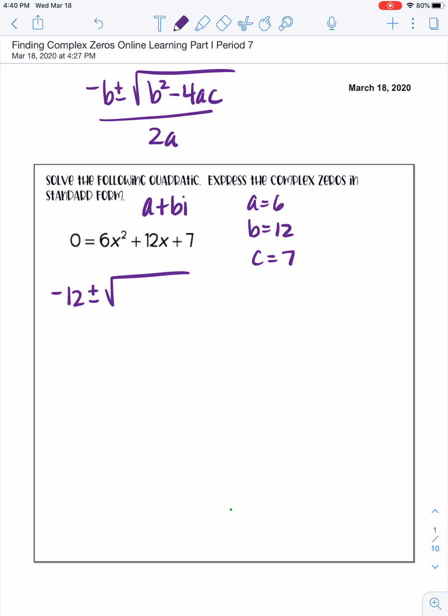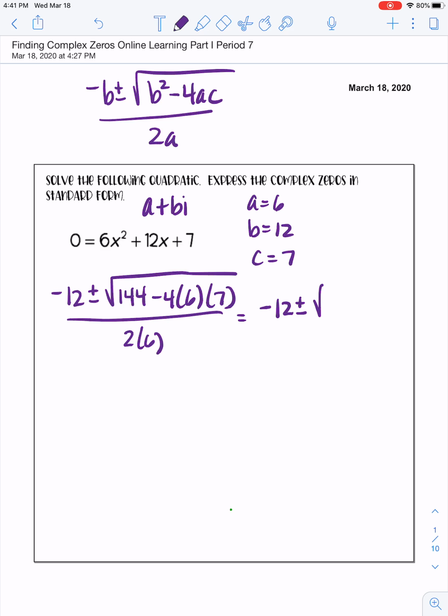Negative 12 plus or minus the square root of 144, which is the 12 squared, minus 4 times 6 times 7, all over 2 times 6. Okay, we're going to simplify that. Negative 12 plus or minus square root of 144 minus 168 over 12.